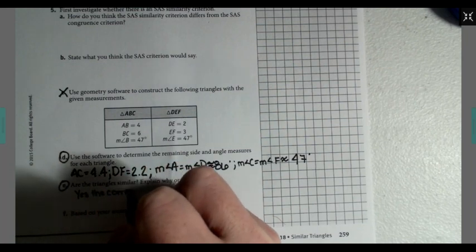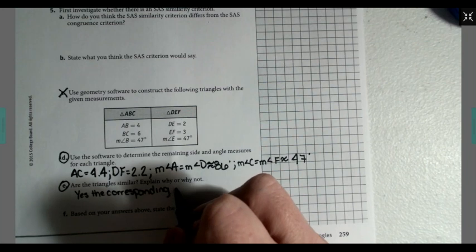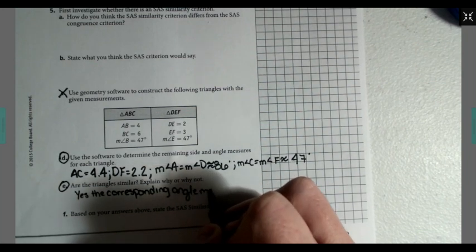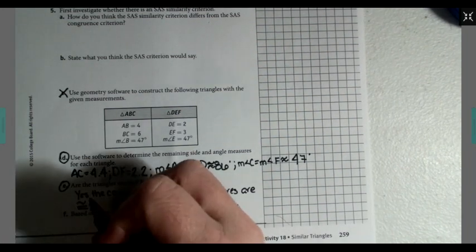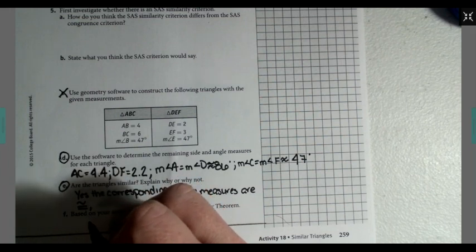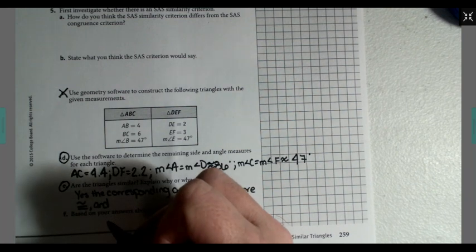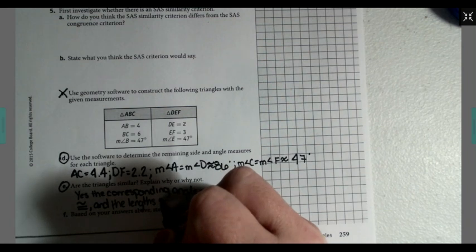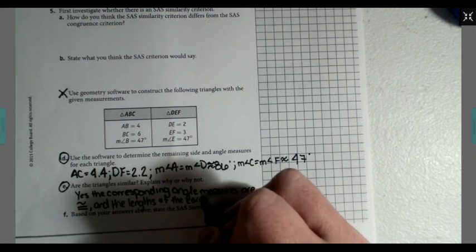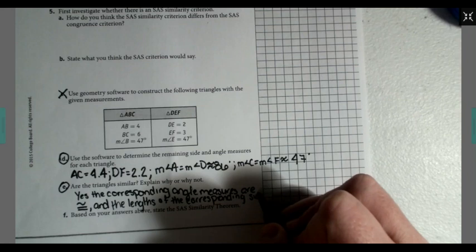The corresponding angle measures are congruent, and the lengths of the corresponding sides are proportional.